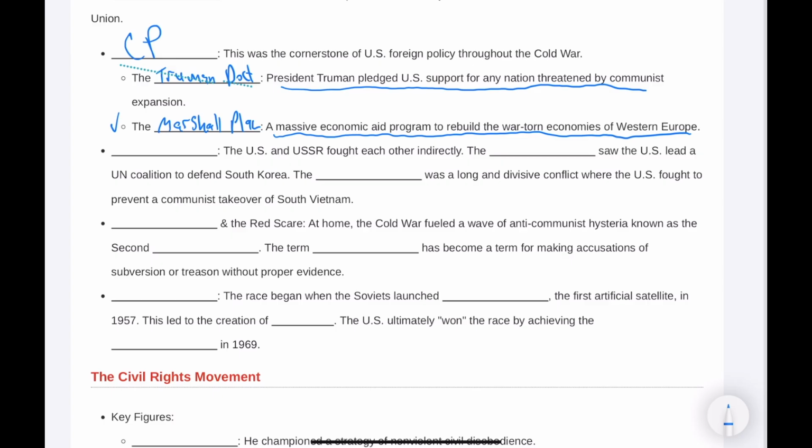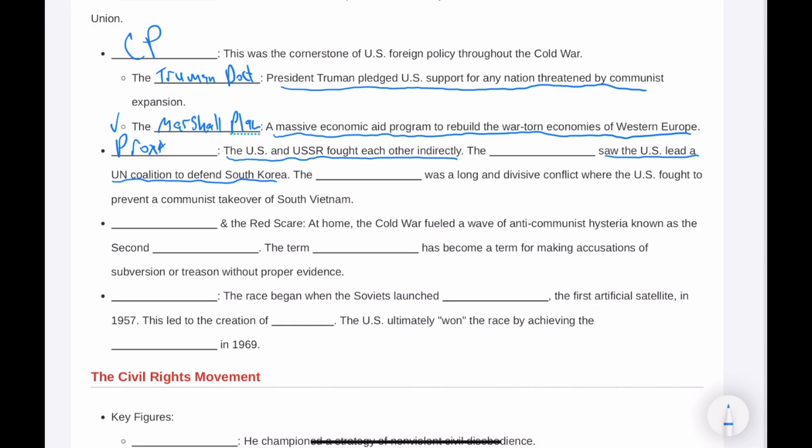All right, and next, the U.S. and USSR fought each other indirectly. So this, U.S. and USSR, were called the proxy wars.